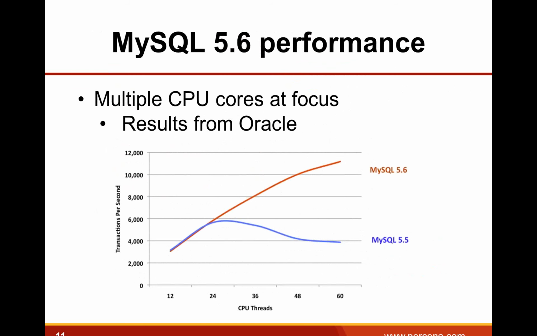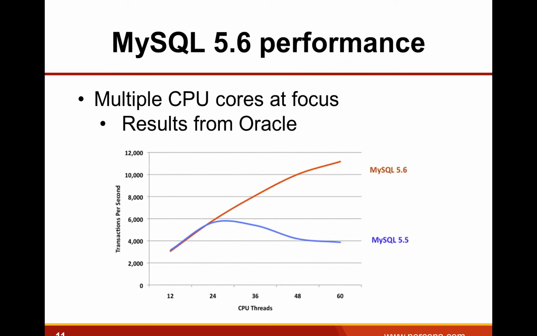Let me share some results with you, which actually come from Oracle, which illustrate their performance gain in MySQL 5.6. In this one, we can see, and these results are from sysbench, that MySQL 5.6 provides the most dramatic improvements when you have a lot of CPU cores, or CPU threads.